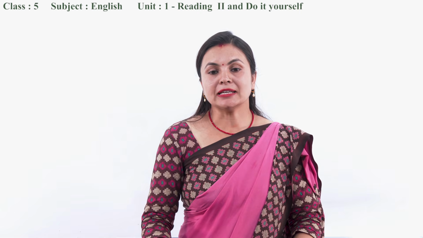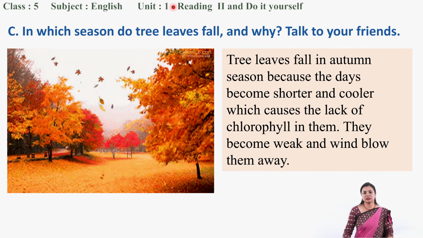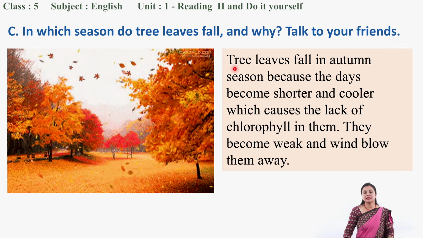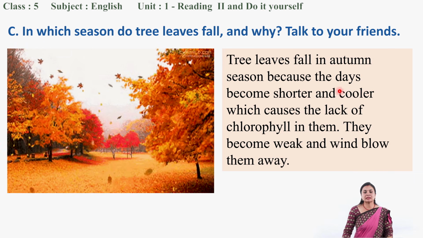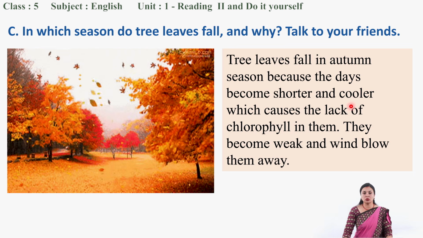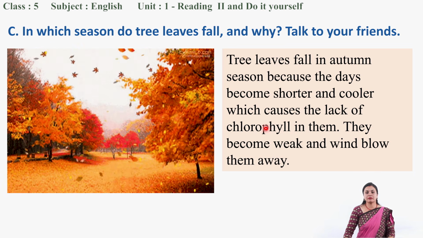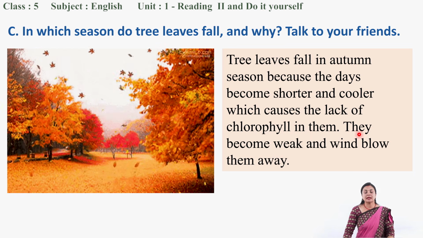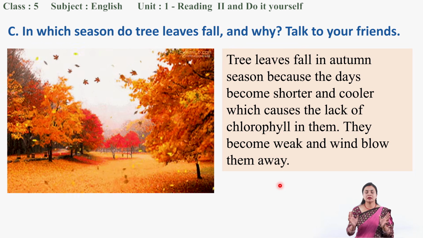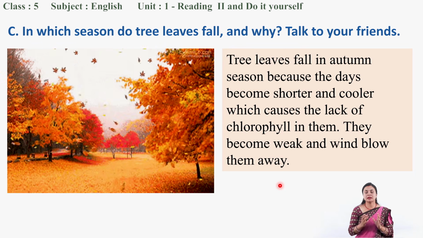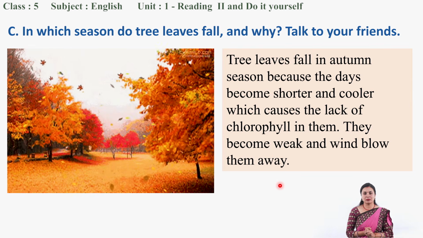So, you can say the different reasons. Among the different reasons, one of the reasons is tree leaves fall in autumn season because the days become shorter and cooler, which causes the lack of chlorophyll in them. They become weak and wind blows them away. So when the leaves become weak, what happens?